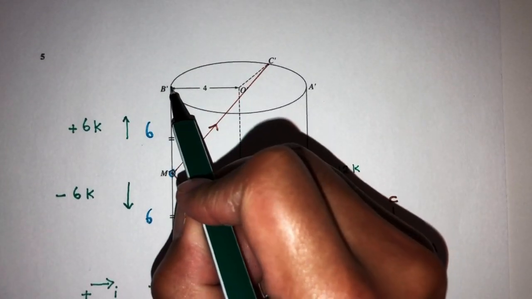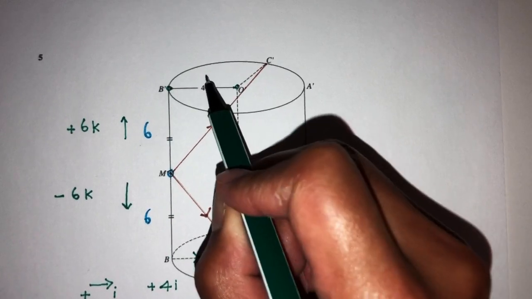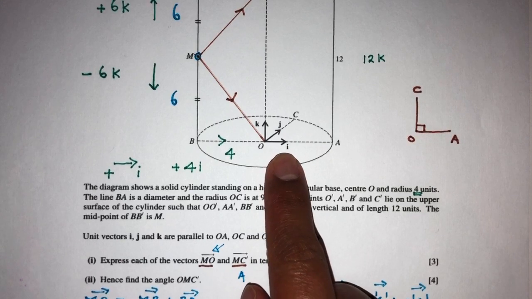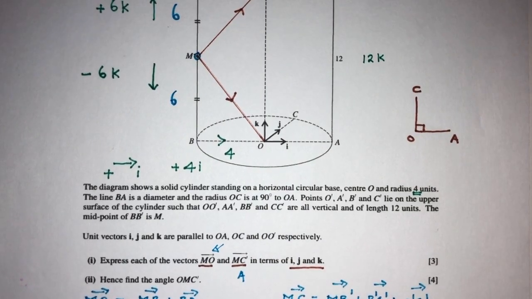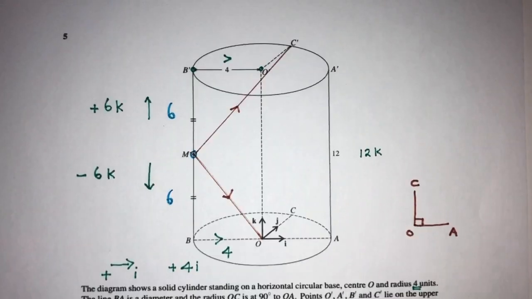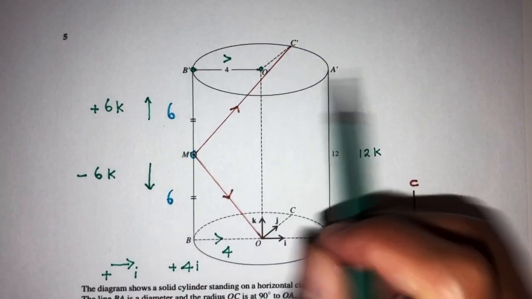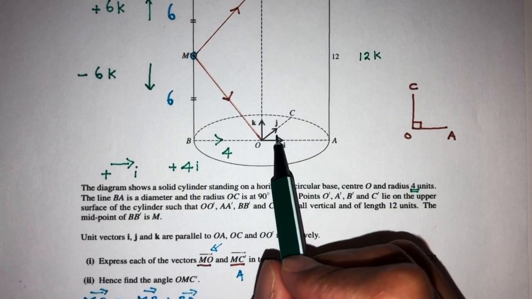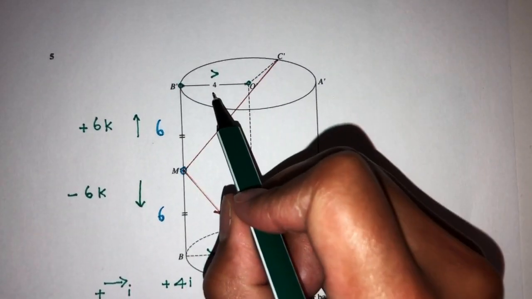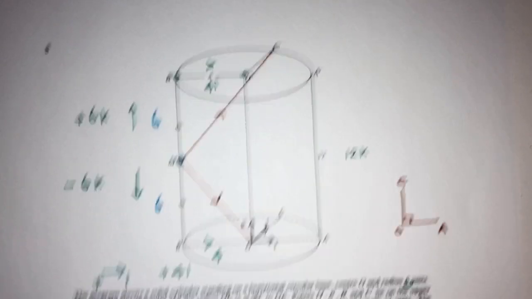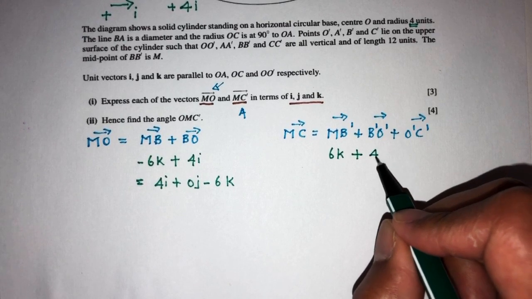B going to O is in this direction, and as we have seen, this direction is positive I. So that will be plus 4I.